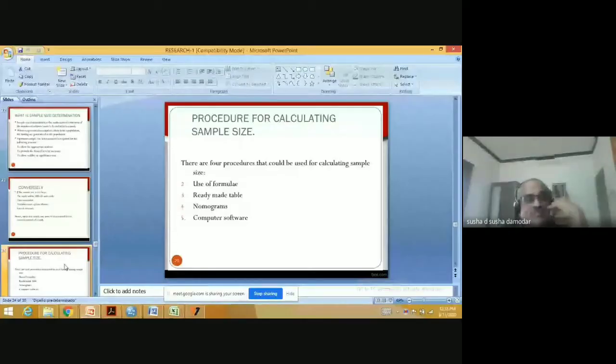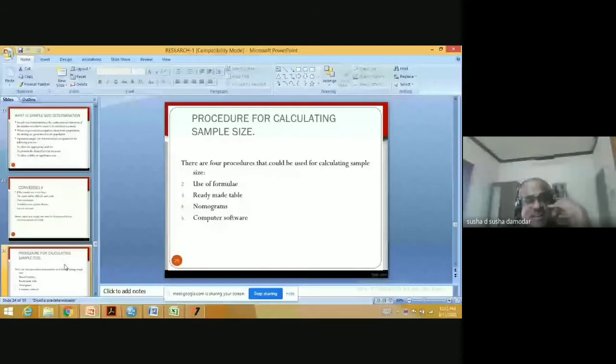But truly speaking, we can use different formulas against the information furnished by the respondents in the pilot study. That is why the pilot study is very, very important in research, especially in social science.